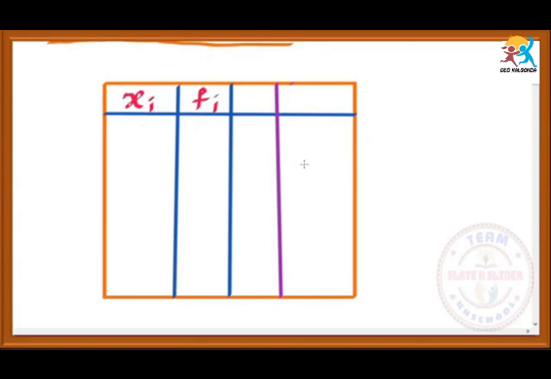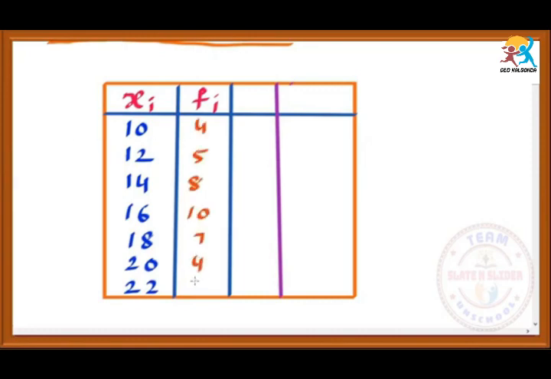We will write the values xi, that is 10, 12, 14, 16, 18, 20, 22. And the frequencies are, the value 10 has come 4 times, and the value 12 has come 5 times, and 14 has come 8 times. So like this.